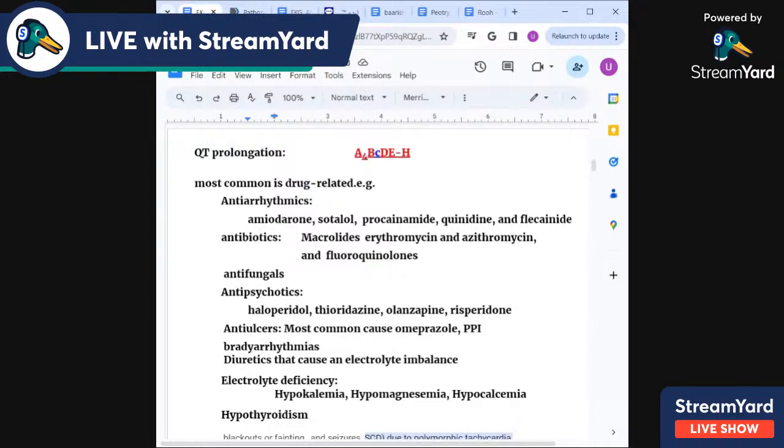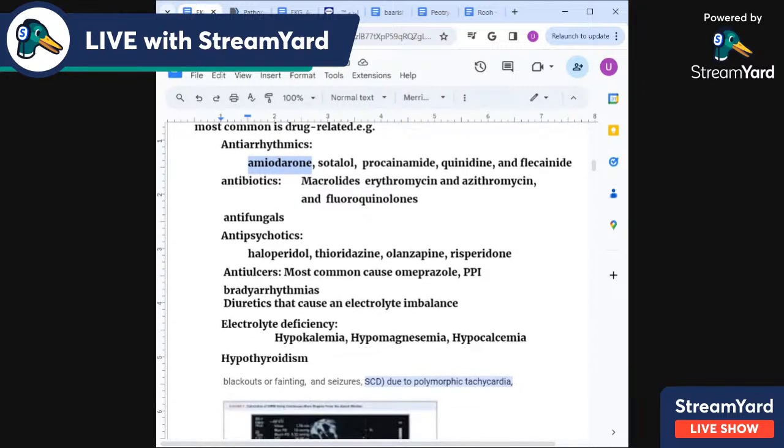It's caused by 5 A's: antiarrhythmics, that includes amiodarone. Amiodarone is also used in ventricular tachycardia and fibrillation, but not when the QT interval is prolonged. Amongst the antibiotics, macrolides and fluoroquinolones, antifungals, and antipsychotics, haloperidol, thioridazine, and risperidone also cause long QT.